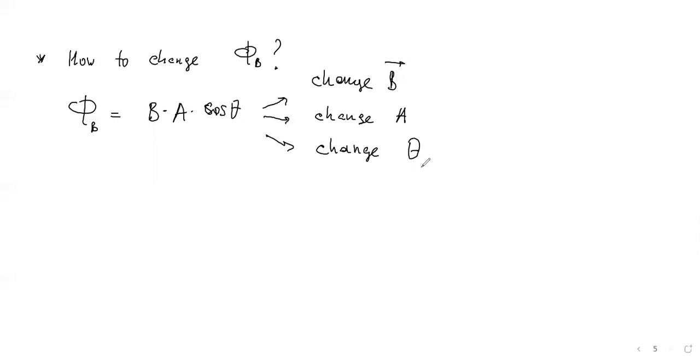By the way, when you change the angle, this is what you use in generators. When you have generators, you rotate a loop by hand inside an external constant magnetic field, and by changing the angle, you're changing flux. That means you're generating EMF.